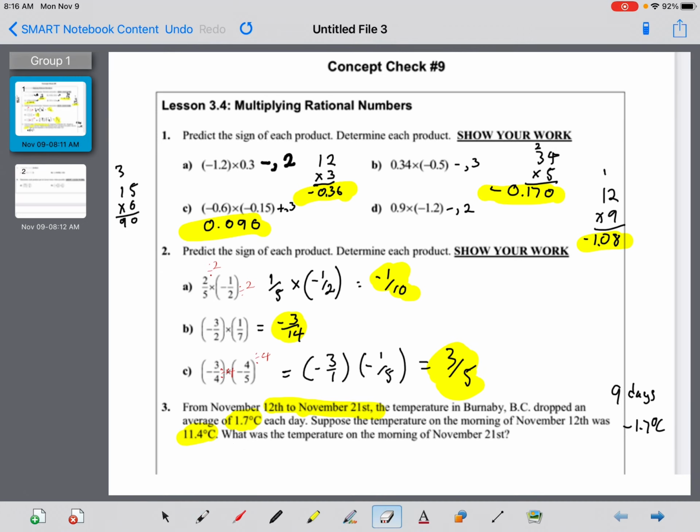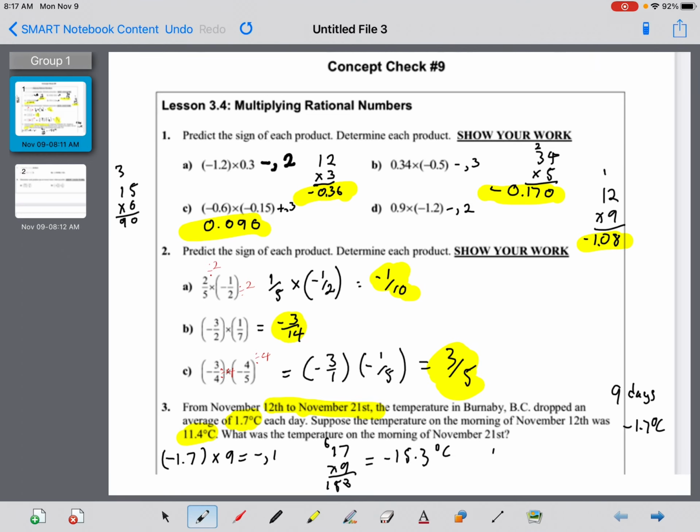Sorry, I'll do this a little more neatly. I have negative 1.7 multiplied by 9, which becomes, I predict it to be negative with 1 decimal place, so I have 17 times 9, which gives me 3, carry the 6, 15, so that's going to equal negative 15.3 degrees Celsius.